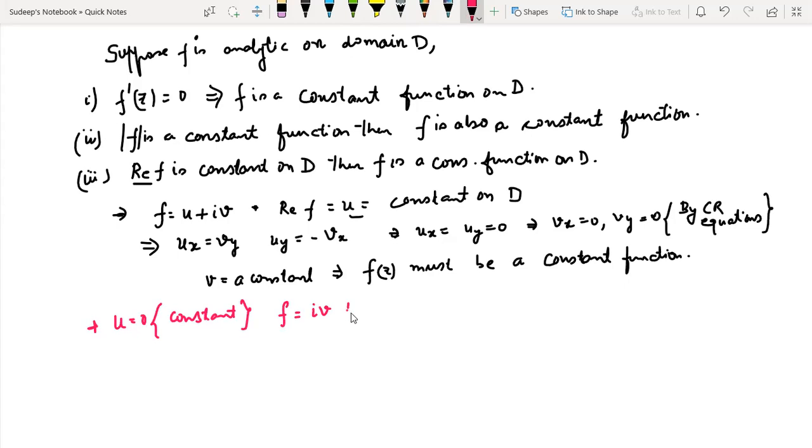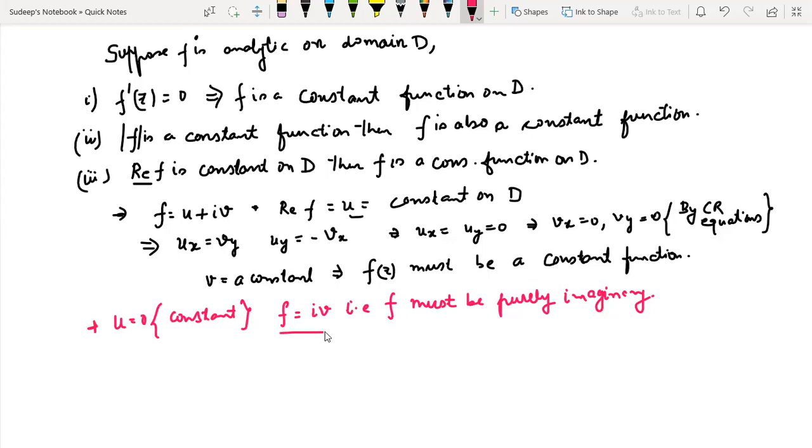That is, f must be purely imaginary in that particular scenario.